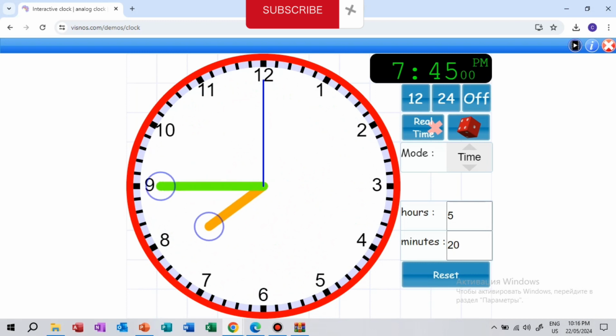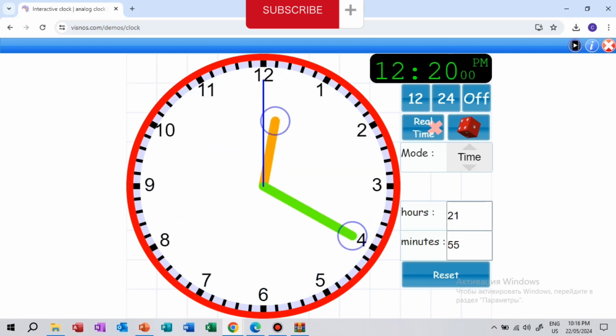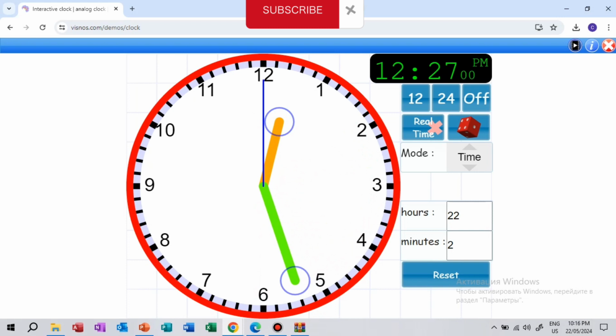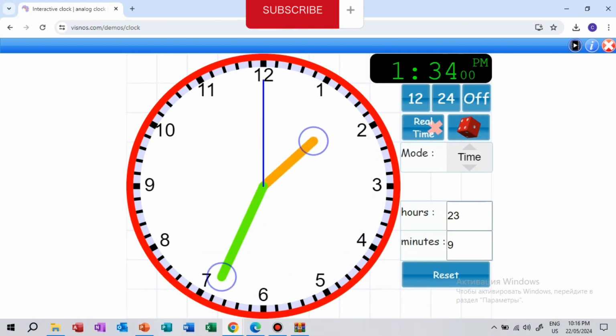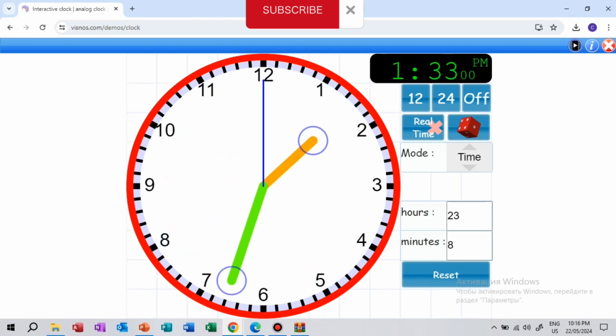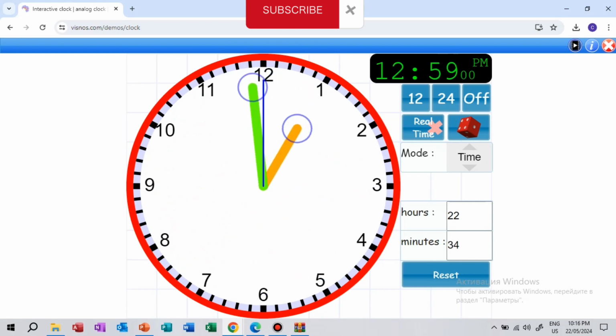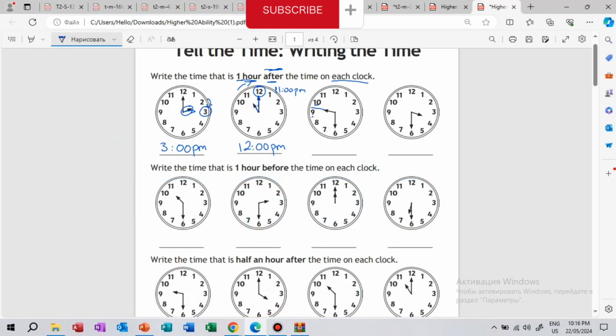And then you figure out the minutes. Okay, so that's how we know what hour it belongs to when the short hand doesn't point to either number. It just points right between them. So it's always going to belong to the number before it.